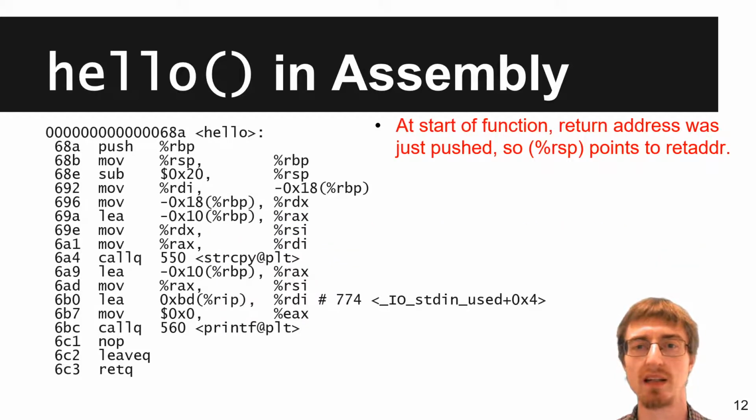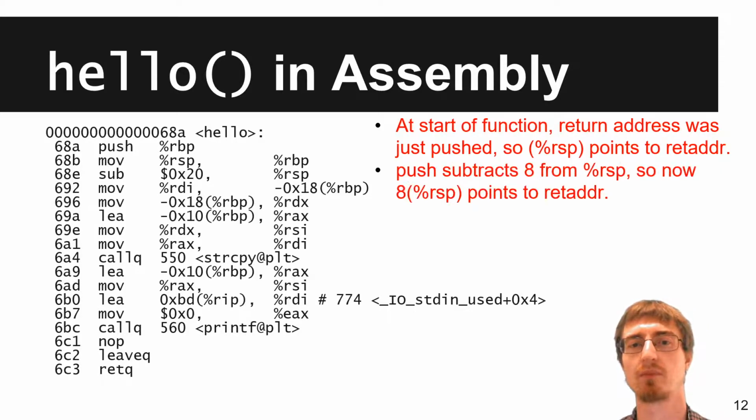So we also know at the start of the function, the return address was just pushed. So at that point, the stack pointer points directly to the return address. Then we push RBP, which subtracts 8 from RSP. As you know, the stack runs downwards, right?